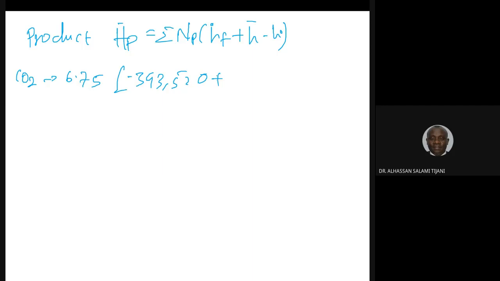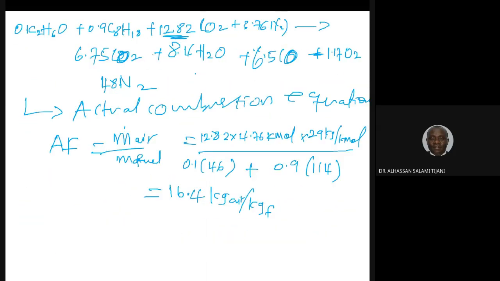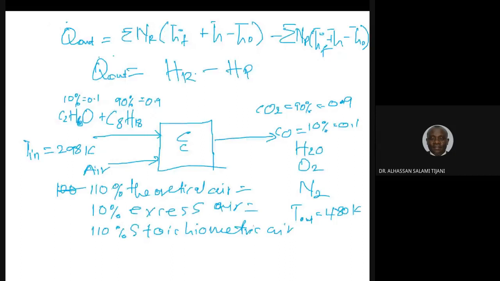at the given state. So be careful over here. At the product side, what is the temperature? The temperature at the product side is not at standard state; it is different. Be careful.